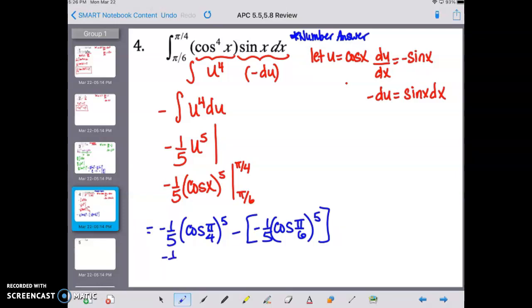So I have negative 1/5 times the square root of 2 over 2 to the 5th power. Minus a negative here, chop chop, that's going to be plus. Cosine of pi over 6 is square root of 3 over 2. Plus, here's my 1/5. And then again, square root of 3 over 2.